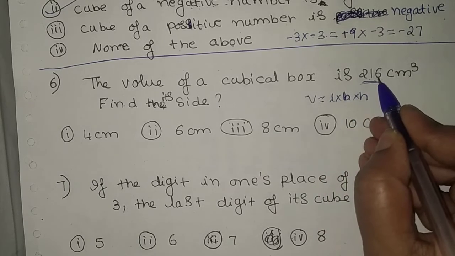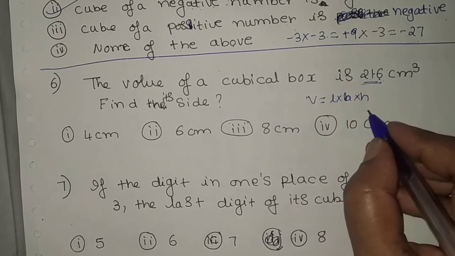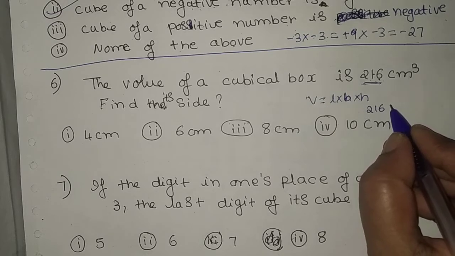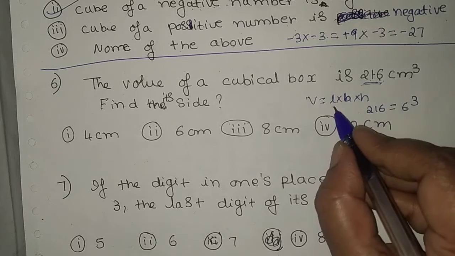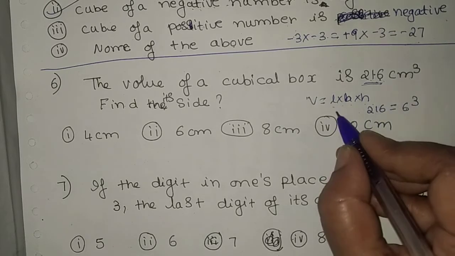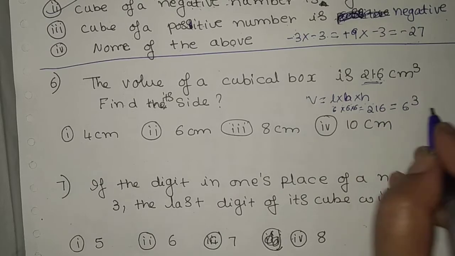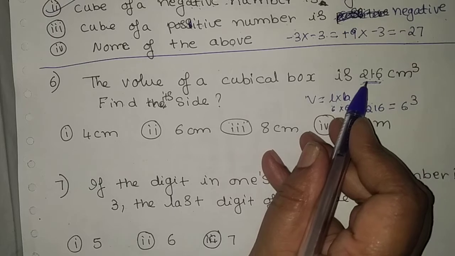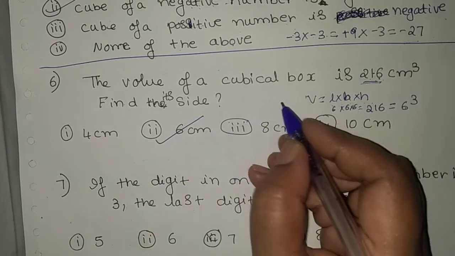Since it is a cube, what is the side? 216 is equal to 6 cube, so each side will be 6, 6, 6. So 6 into 6 into 6 is equal to 216, 6 cube. So the answer: the volume of the cubical box is 216 centimeter cube, and its side will be 6 centimeter.